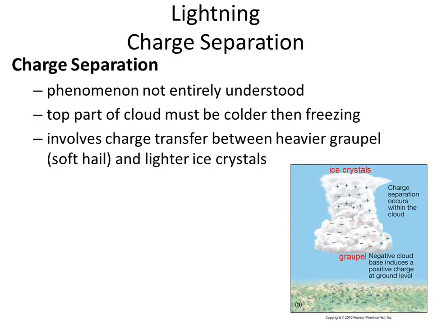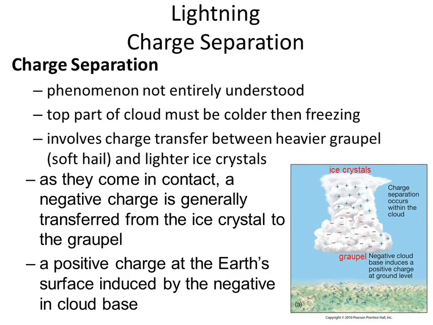Graupel is like sleet, but smaller, solid water rather than a beautiful ice crystal. Those congregate near the bottom and have a negative charge.